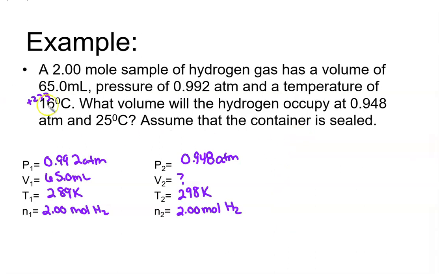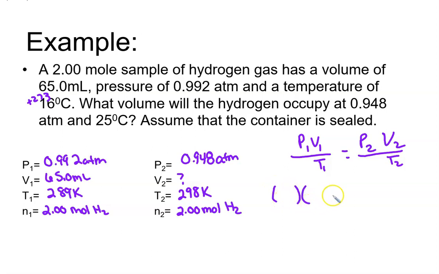So the original formula looks like this: P1V1 over N1T1 equals P2V2 over N2T2. But because the moles don't change, anytime something doesn't change, they're staying the same, you can just take them out of the equation altogether. So if it doesn't change, you can just take it out. Makes it a little bit simpler there.